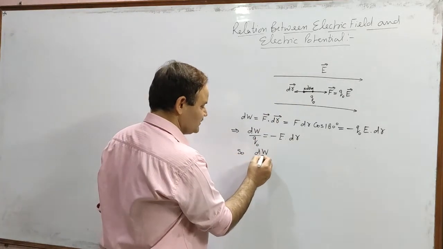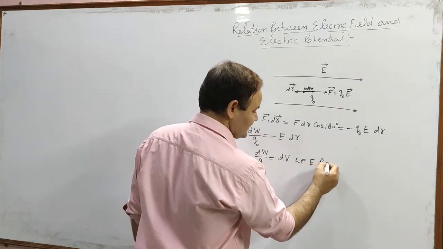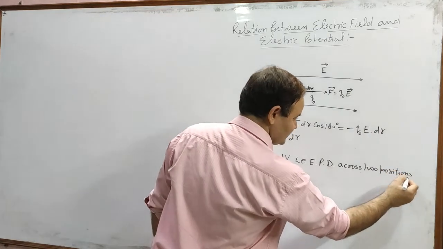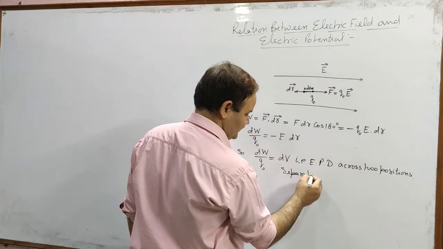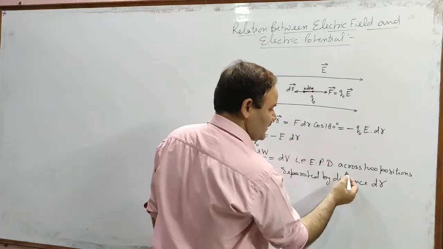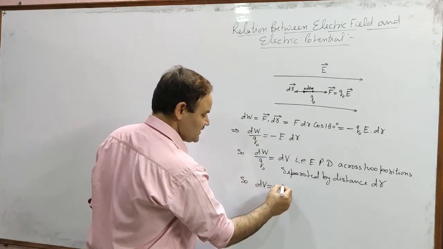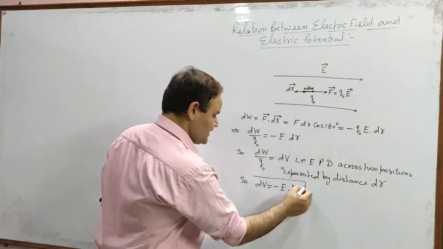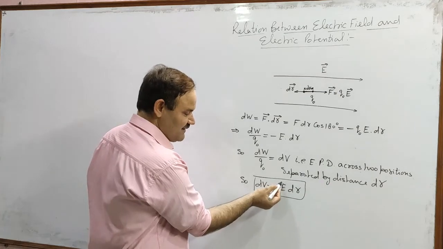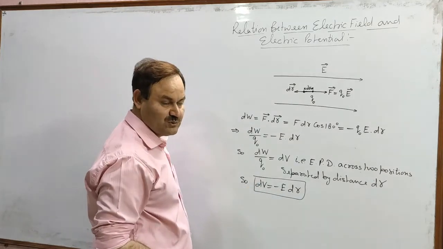So dW by Q naught is equal to dV, that is electric potential difference across two positions separated by distance dr. So we get dV is equal to minus E dr. This expression can be used either to determine electric potential or potential difference when electric field is given to us, or to determine electric field when electric potential is given to us.